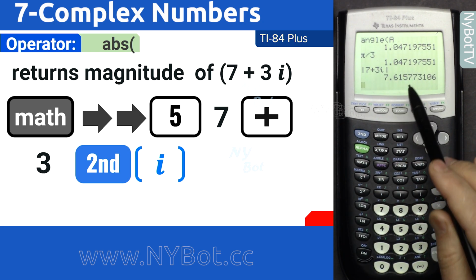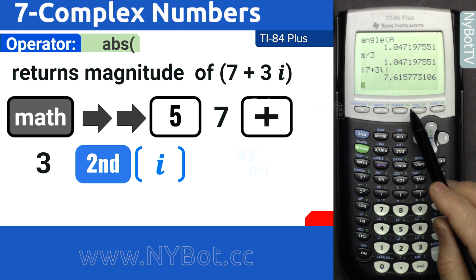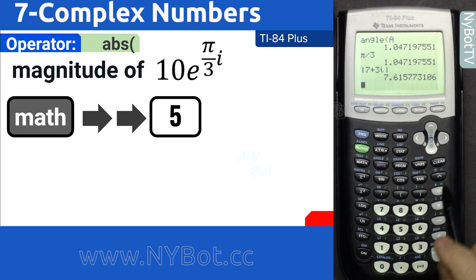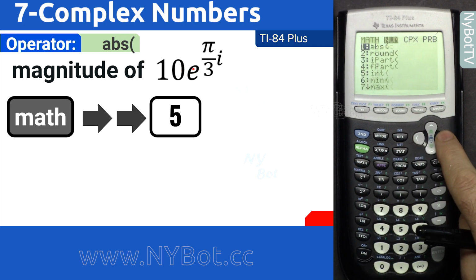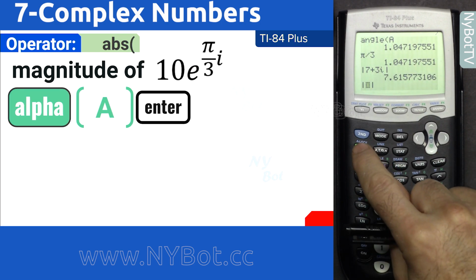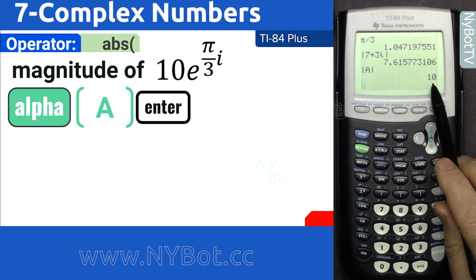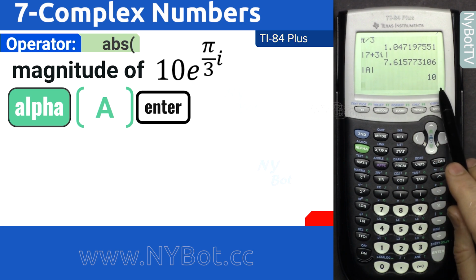Now it will give you that expression that I mentioned. Now let's get the absolute value of this expression, which we have in the memory: math, complex, and then 5, recall memory, second function A, and that is 10 because it was 10 to the power pi over 3i.